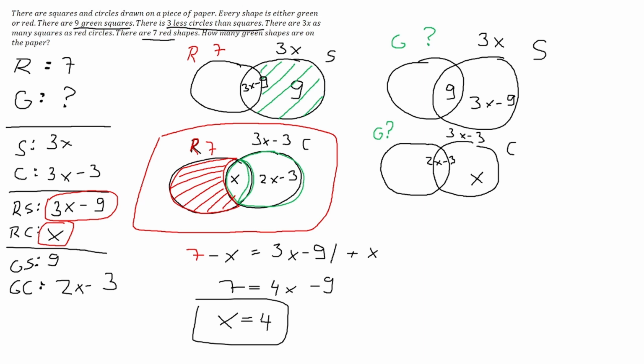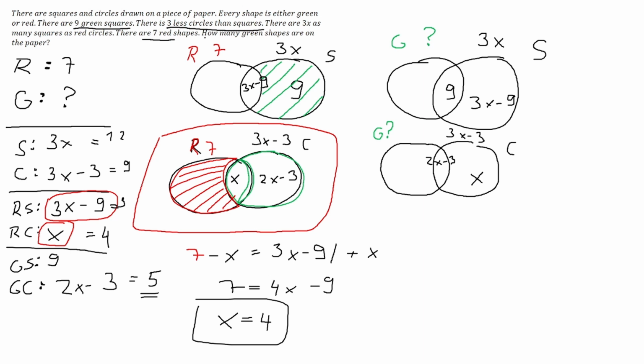So if we plug in 4 for x, we figure out that there are 12 squares, 9 circles, 3 red squares, 4 red circles, that's what's equal for x. And what we're interested in, or what's the question in the problem, that's 2 times 4, that's 8 minus 3 is 5 green circles.